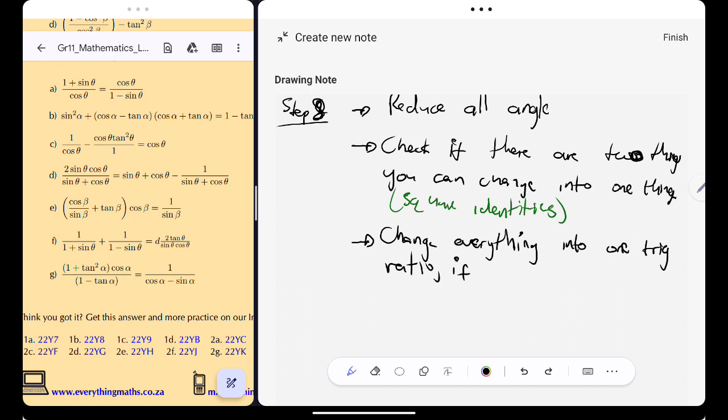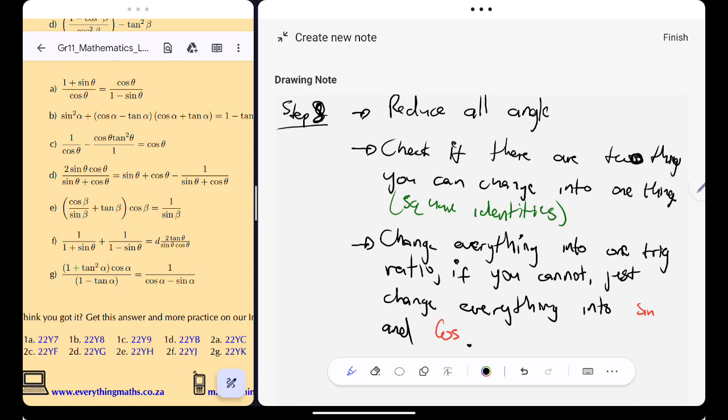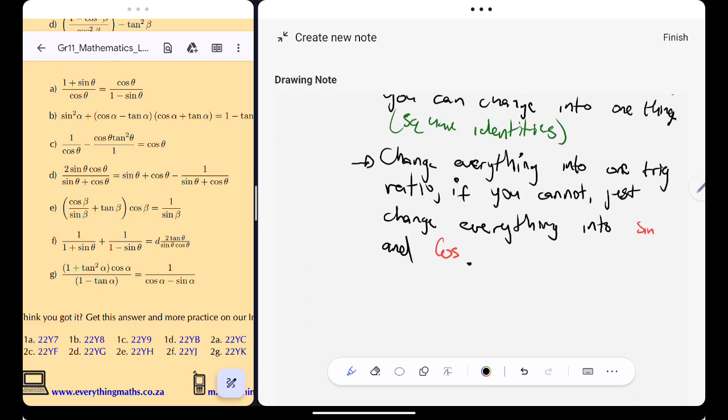And if you can't do that, just change everything into sine and cos. Are we together? Whenever you change everything into sine and cos, you will either use the square identities or the quotient identity. Are we together?